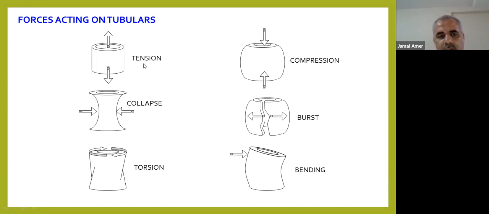We have to calculate all this, then select the casing that withstands these loads. Also, if we have what we call biaxial or triaxial loads, we have to combine all these calculations together to select the final casing, which will withstand these different loads.